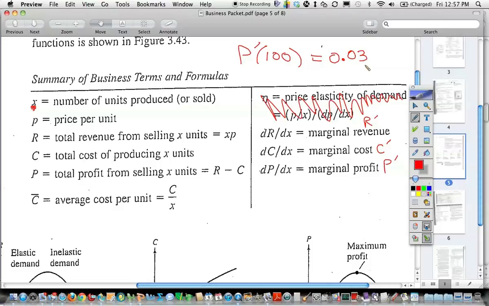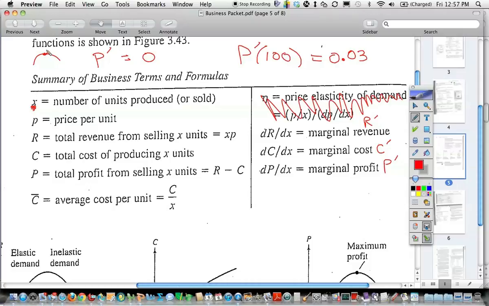So what would the business person be interested in here? Well, hopefully max profit. What should P prime be at the max profit? 0, right? It should be at a max, which is when the derivative is 0. So business people would talk in the language of marginal profit being 0. If the marginal profit is positive, that means their profit is still increasing, which means they want to keep making more books probably.